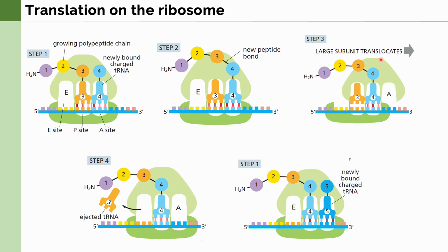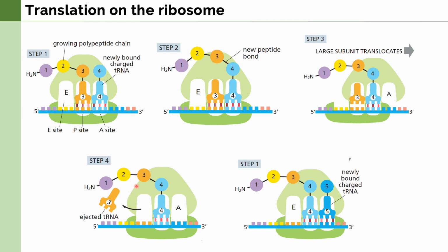Next, the large ribosomal subunit translocates, or moves one step forward. This transfers the already used up tRNA into the E site and the newly created peptide bond along with its tRNA into the P site. And it also leaves the A site empty.